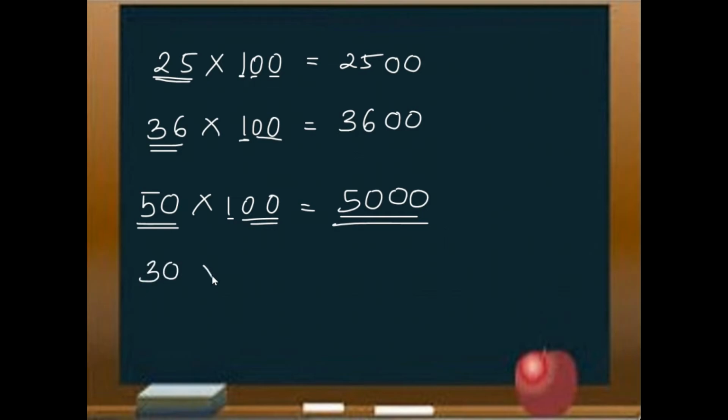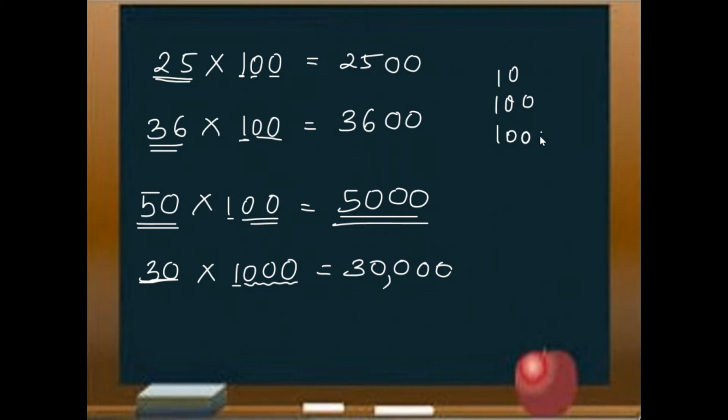If you have 30 times 1000, so 30 times 1 is 30 and then add the remaining three zeros at the end, which will give you 30,000.